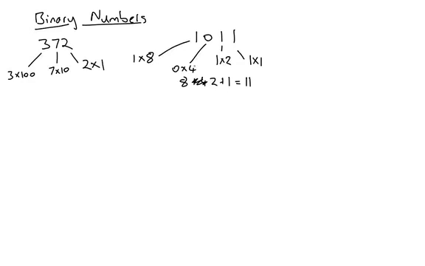Now the reason this is important is because the computer's memory is organized like a series of cells. You can think of it as a series of cells like this, and each cell is called a bit. So we've got 4 bits here.